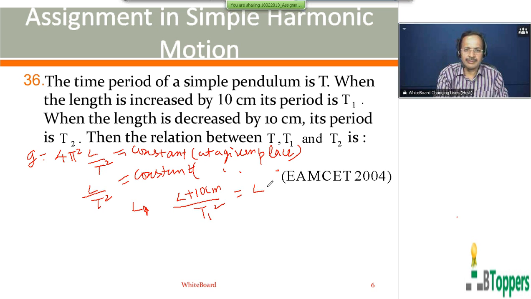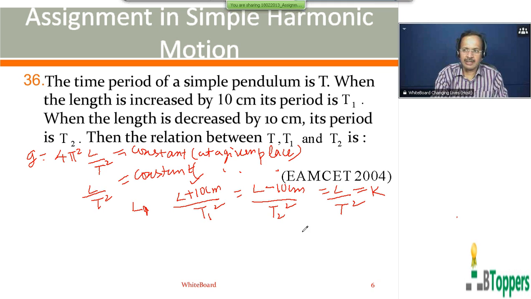When the length is L minus 10 centimeters, the time period is t2. When the length is L, the time period is T. But L by T square is constant, that is, the ratio of the length to the square of the time period is constant. Denote this constant by k.